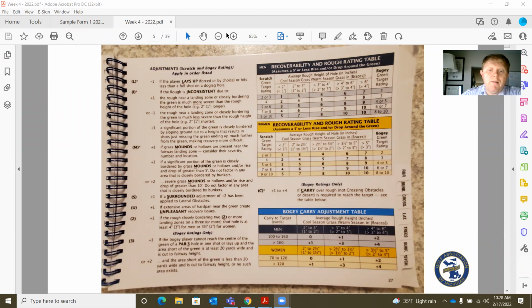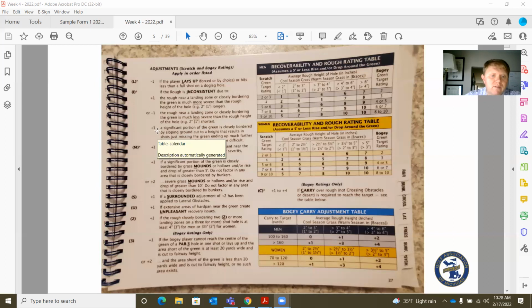Not really any specific relationship, but typically these closely mown areas that you're referencing, Dennis, do potentially qualify for an I+ adjustment here. And those are very common areas that we would. The key is just that it needs to be a significant portion of the green that we're talking about.